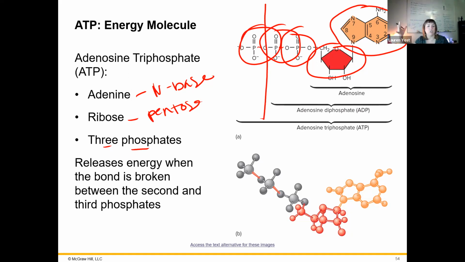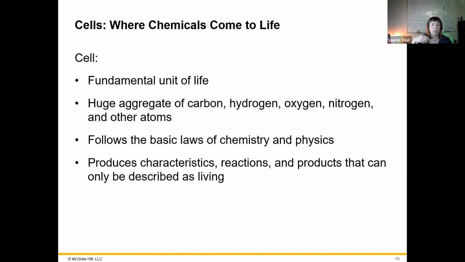That's how the energy is stored. So ATP, the triphosphate, storing the energy, we clip off the phosphate group, releases energy, and now we're left with ADP, adenosine diphosphate. And then we can go add another phosphate onto that again through other processes like aerobic respiration, which we'll talk about in our metabolism chapter.